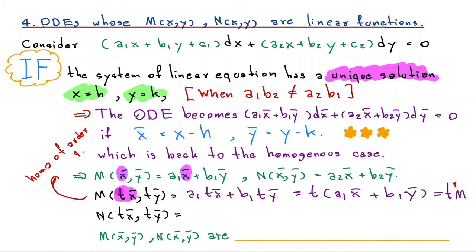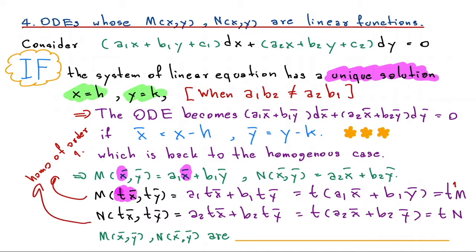And similarly for N, we get a2 t x bar plus b2 t y bar, which is t times a2 x bar plus b2 y bar, which is t of N. So it means that N is homogeneous of order 1 as well. So M and N are homogeneous of the same order. So we need to go back to the previous section to solve this equation.